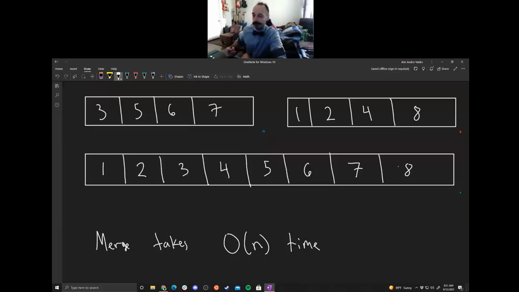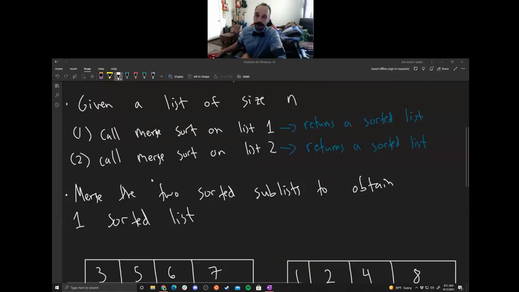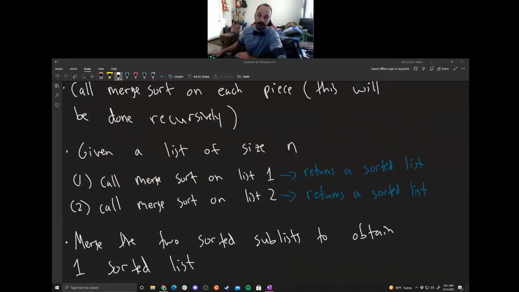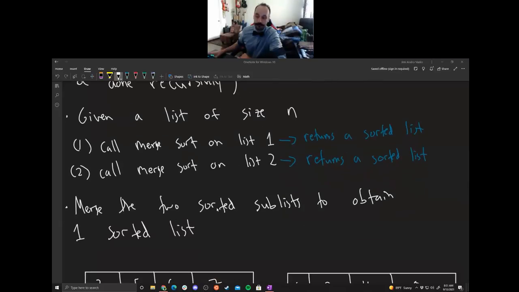But this is really just a very simple linear runtime to merge two sorted lists. Yes, this works if the two arrays are both sorted, but luckily, if you look at our code of merge sort, our pseudocode, if you will, we first call merge sort on the left list, then the right list, and it returns back magically two sorted lists, and then we just merge those two sorted lists.